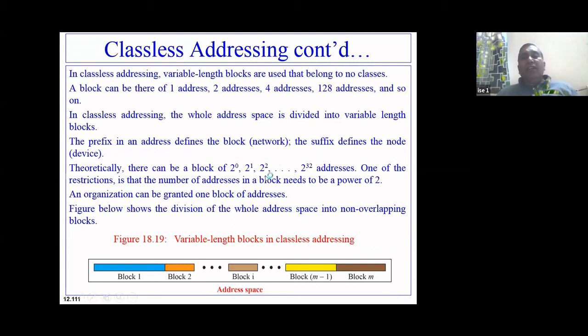It can have 2 to the power 4 bits as a prefix, or 2 to the power 8, or 2 to the power 12, and that becomes the prefix part, and the remaining part becomes the suffix. So it is classless, with a huge number of network addresses. With 6 bytes, that is 48 bit positions, that means 2 to the power 48.